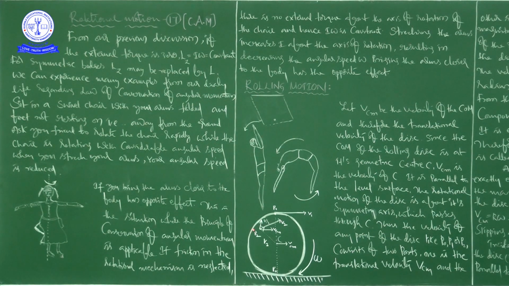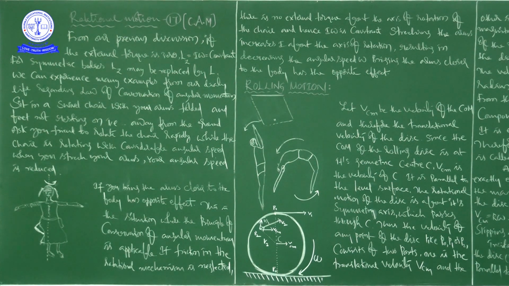This is VR, and this is the translational velocity, that is VCM. So the resultant of these two is V2. So V2 is the resultant velocity of VR and VCM. VCM is the translational velocity and VR is the linear velocity. Okay, right.